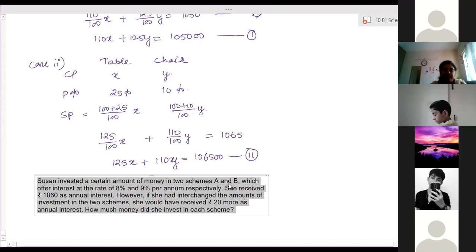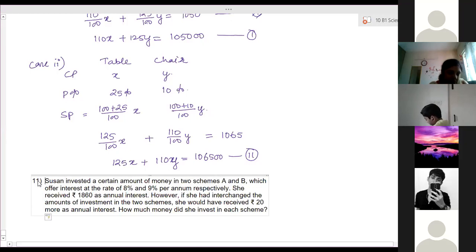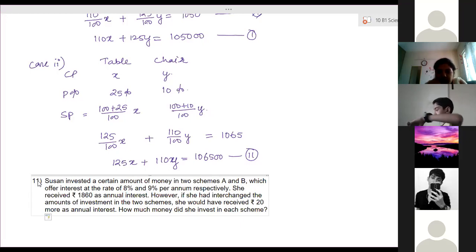Next question now. Sushan invested a certain amount of money in two schemes, A and B, which offer interest at the rate of 8% and 9% per annum respectively. She received rupees 1,860 as annual interest.